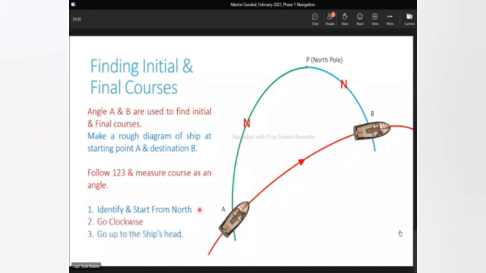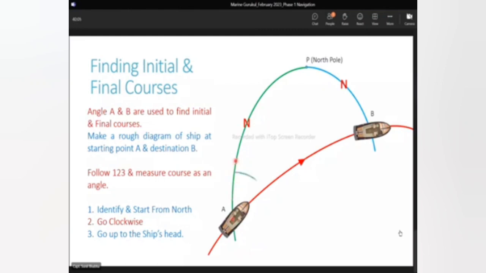Now moving on to step number 2. We have to go clockwise from here, that is from the north direction. And in step number 3 we have to go up to the ship's head. So starting from north, let's come to our initial position A first.